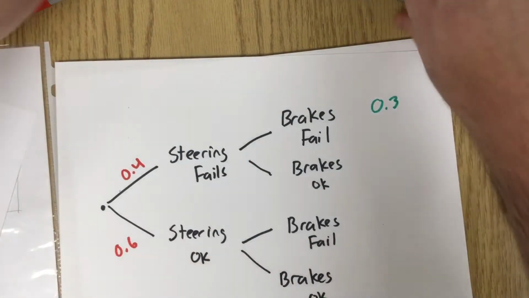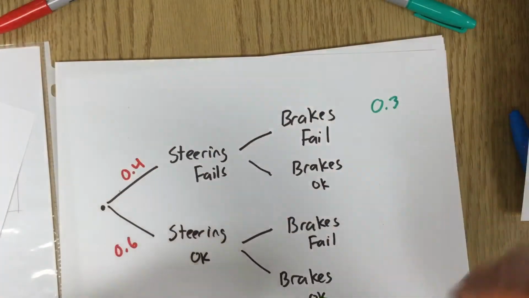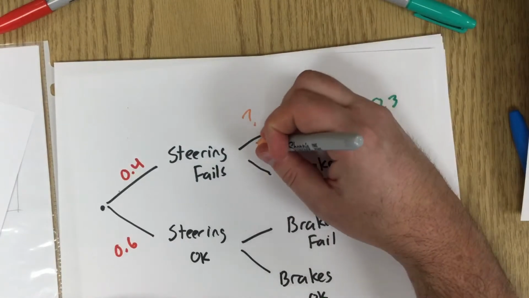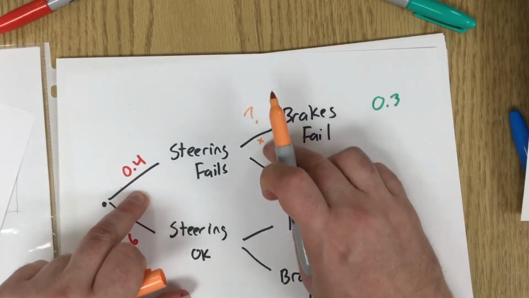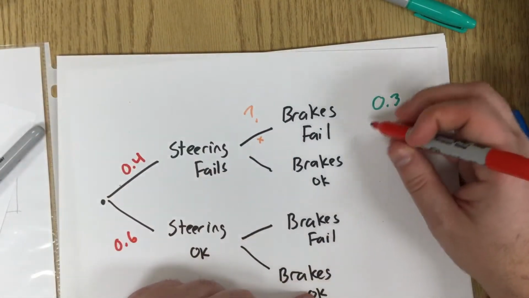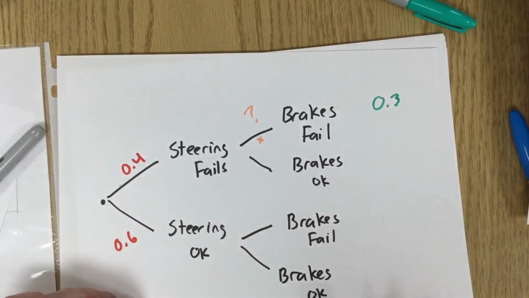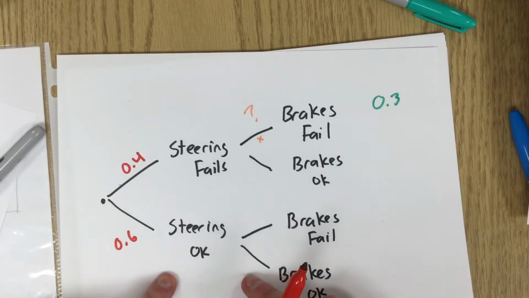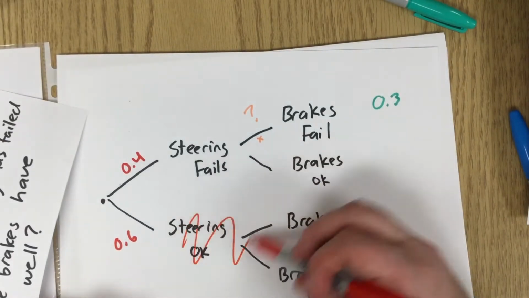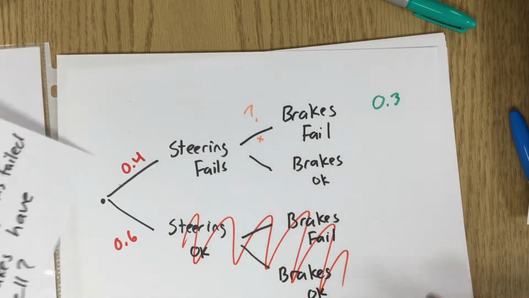And we're trying to find out what this is. So let's say we call that x, so it'd be this times x is 0.3. None of these really matter, because if the steering's okay, we know that the steering has failed. So we don't actually care about this part of the tree.